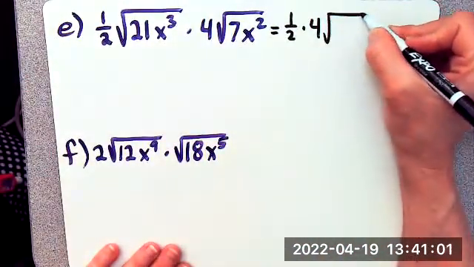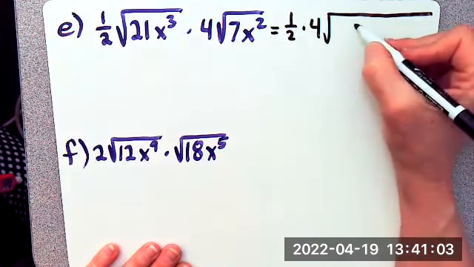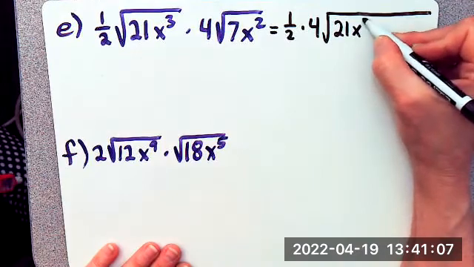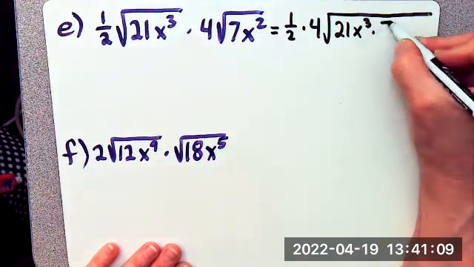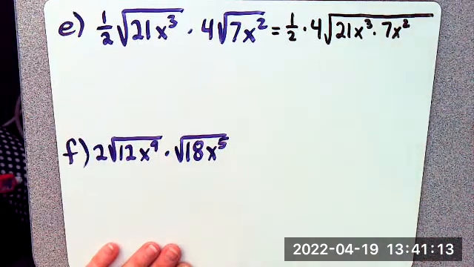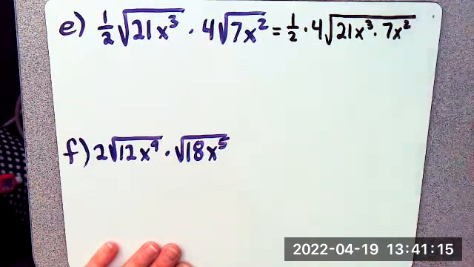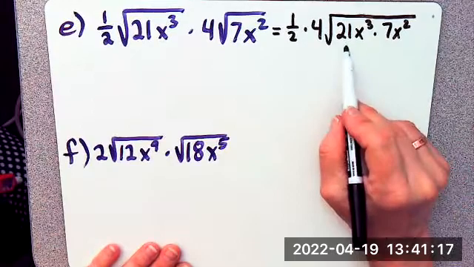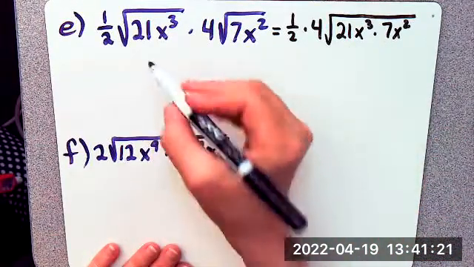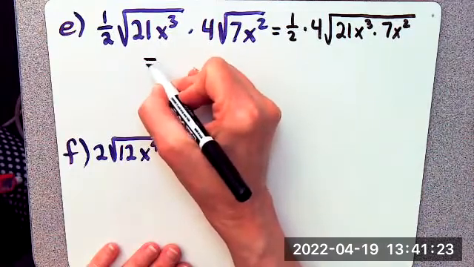So we can put this all into one square root house of 21x cubed times 7x squared. So now we can pull the prime factors out to see how we are going to simplify the square root.